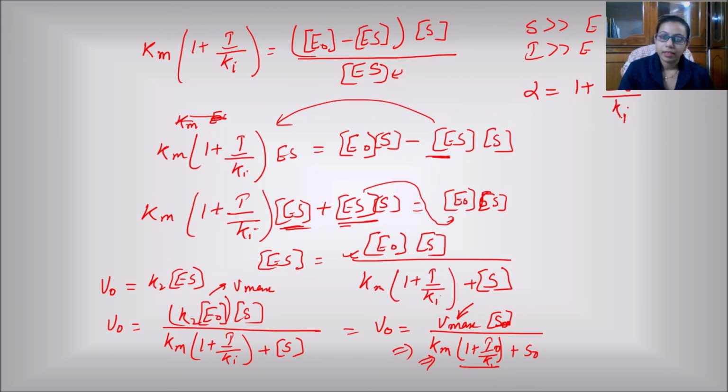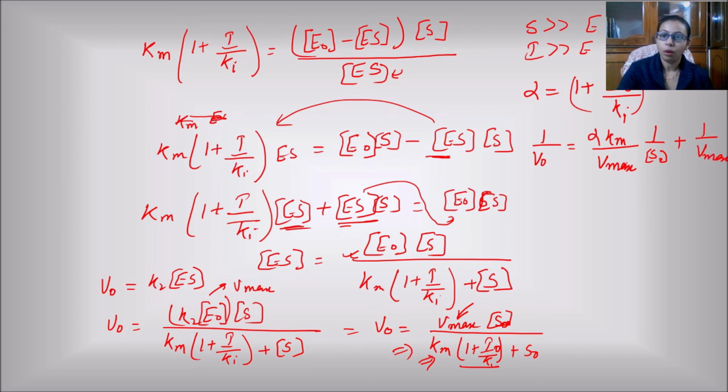To analyze this graphically, let us plot this with the help of the Lineweaver-Burk plot. When I reverse this equation to find the Lineweaver-Burk equation, replacing this whole term with alpha, we will have 1 by V naught equals alpha times Km by Vmax into 1 by S, the substrate concentration, plus 1 by Vmax.